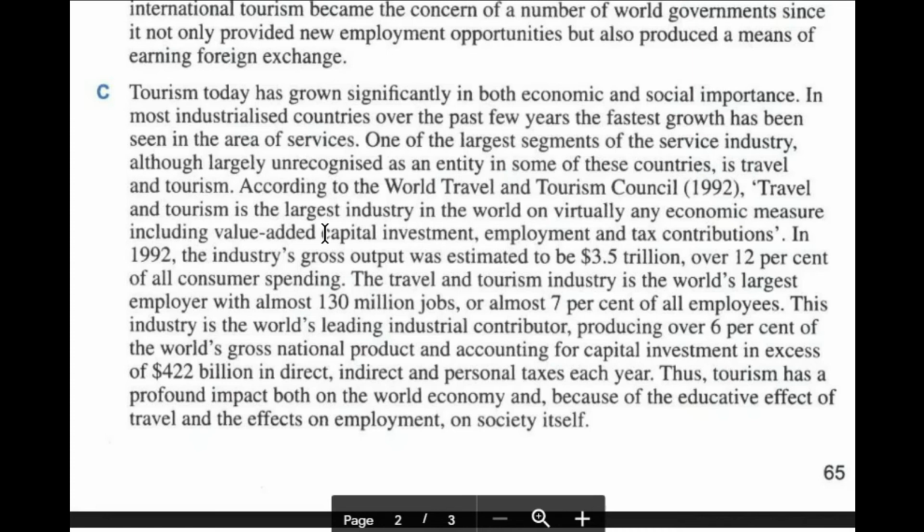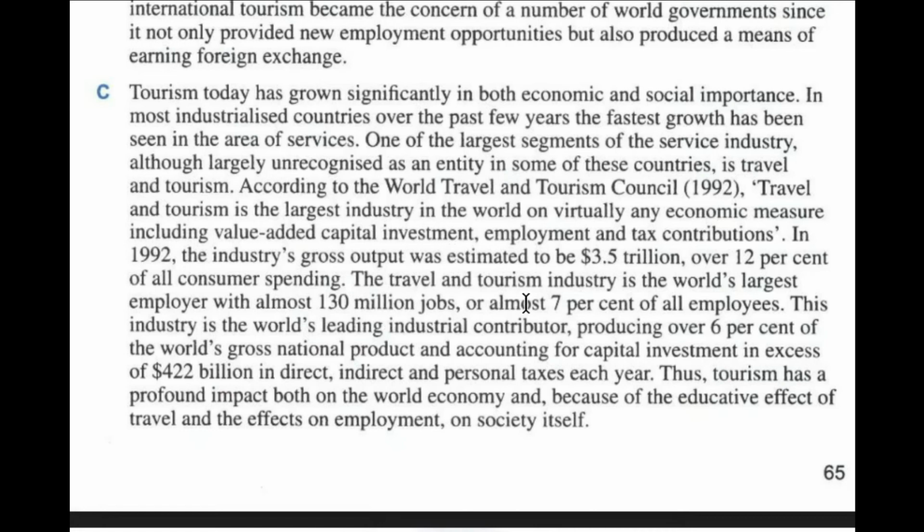Like if you look at words like economic measure, including value added, capital investment, employment, these are the economic terms. So I'm very clear that economic and social importance is going to be the keyword of this paragraph. And within the explanation we can see all the terms are linked with the economic factors.